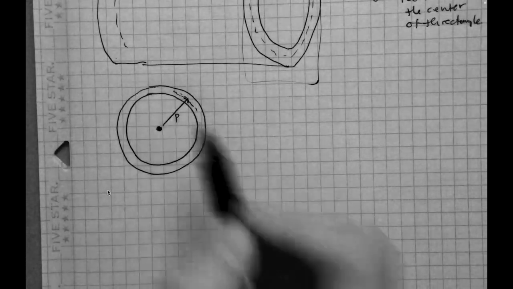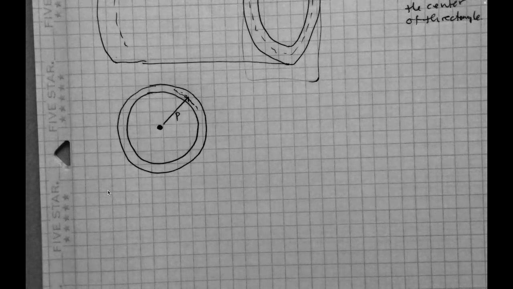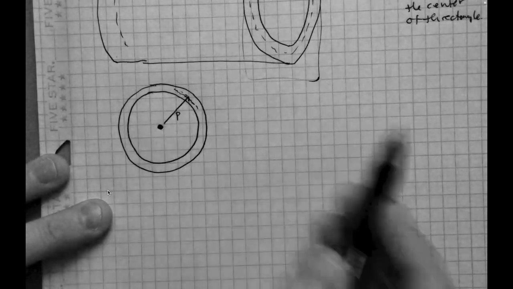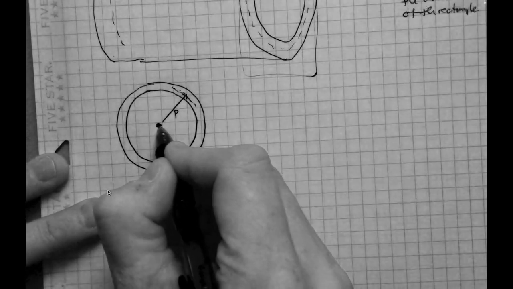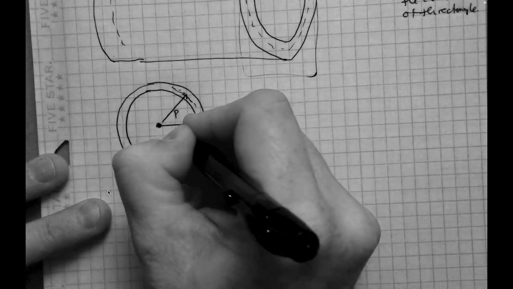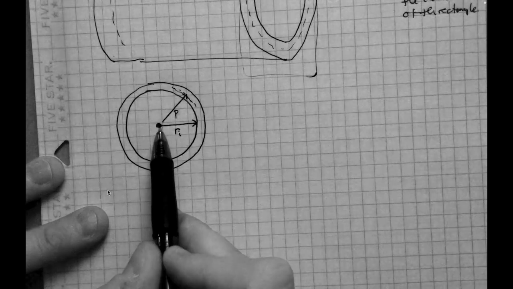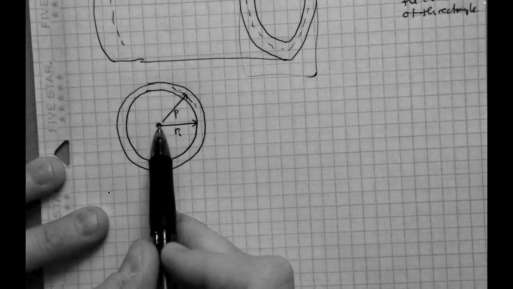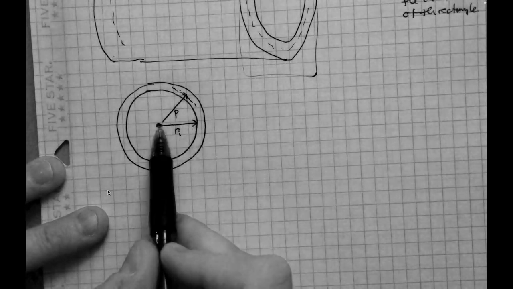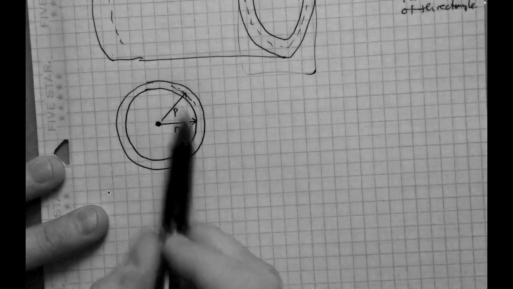Now we're going to define two other radii. The first one is going to be the inner radius, and I'll just call that r_i. That's, of course, the distance from the center, i.e. the axis of rotation, to the inside edge of the rectangle, the near edge of the rectangle.